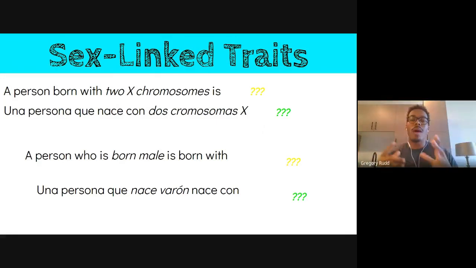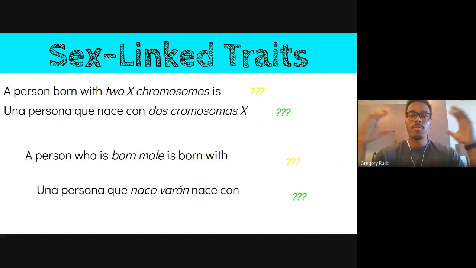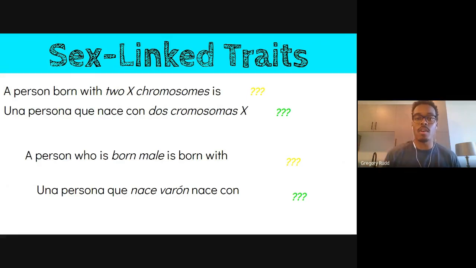So keep in mind that the Y chromosome contains the genes that lead to male characteristics. So if a person is born without a Y chromosome, meaning they only have those 2 X chromosomes, then what do we expect them to be? A person who does not have a Y chromosome, what would we expect them to be?